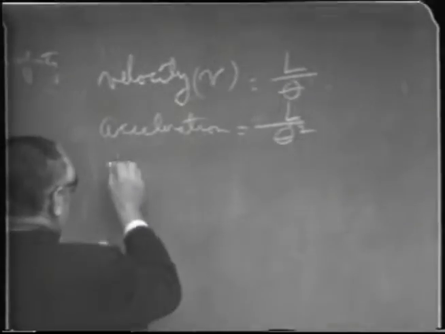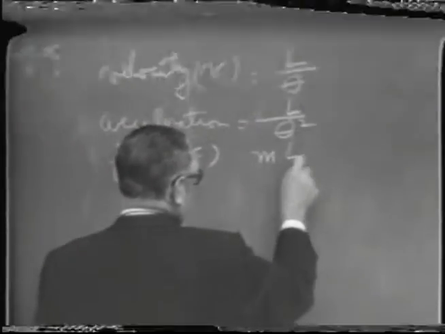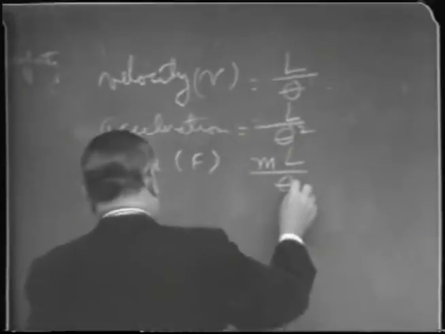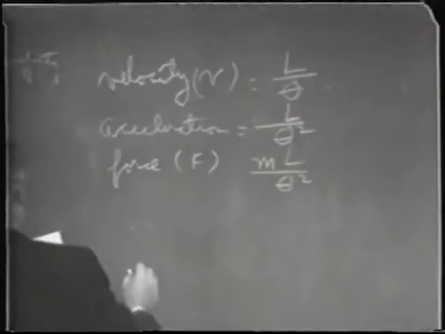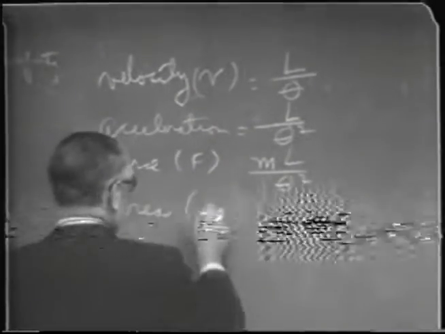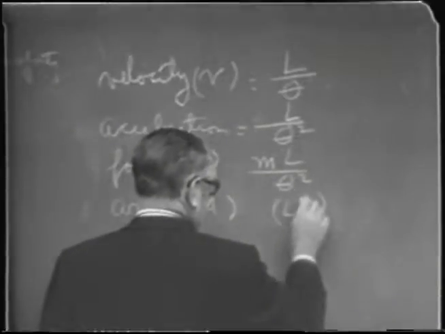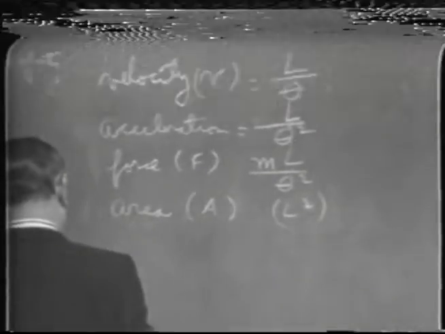And force, which has the dimensions of mass times length divided by time squared. And area, of course, would be simply length squared, the dimensions, distance squared, and so forth.